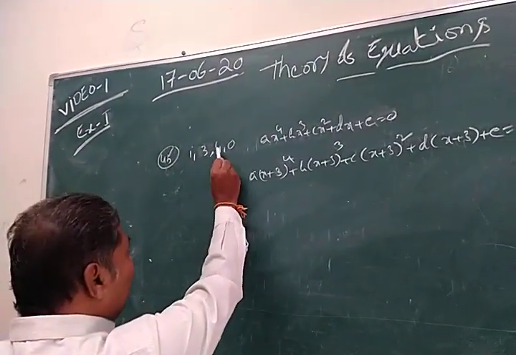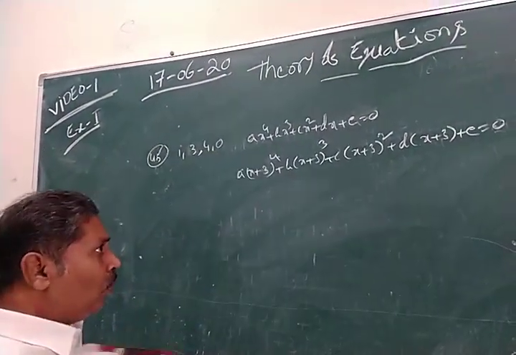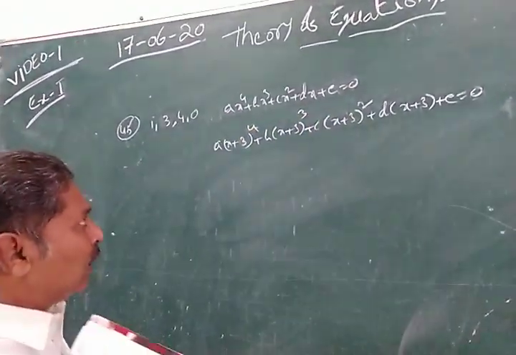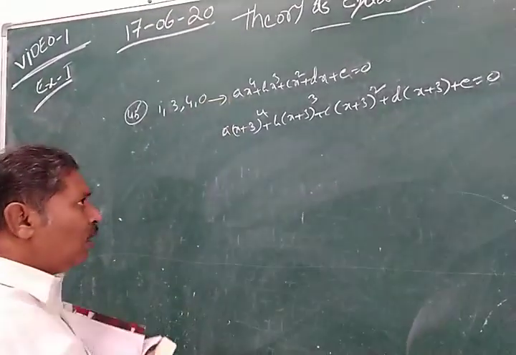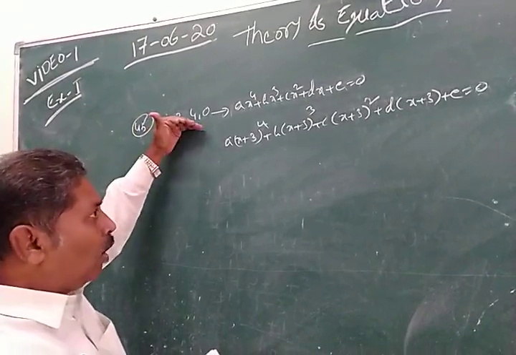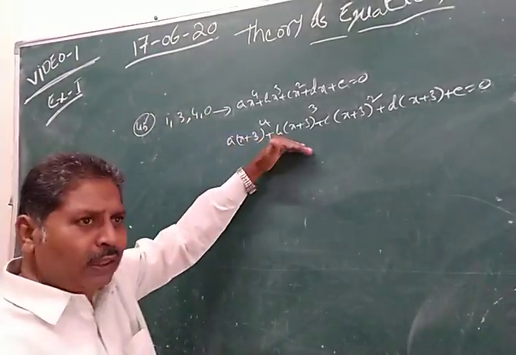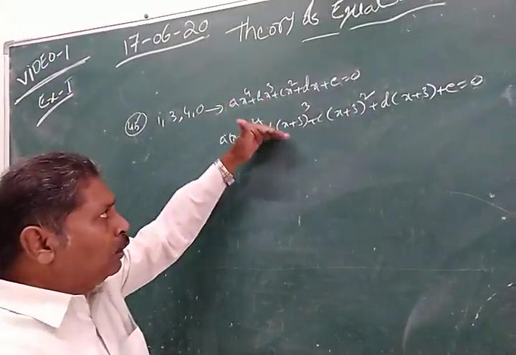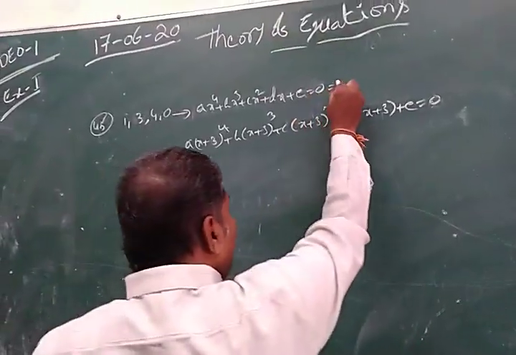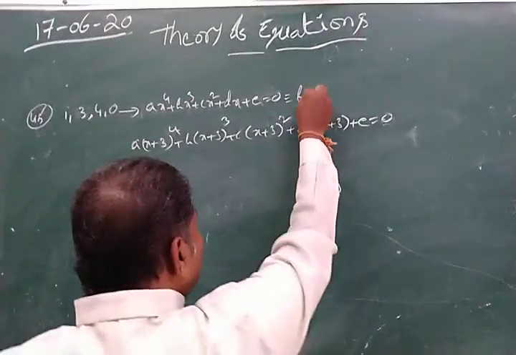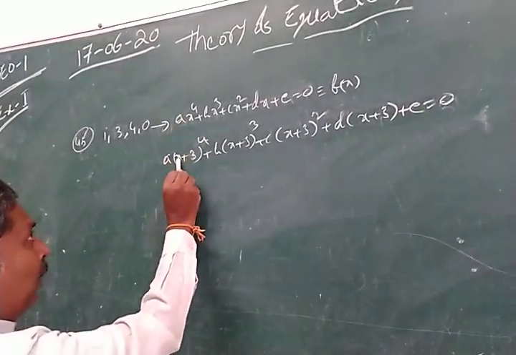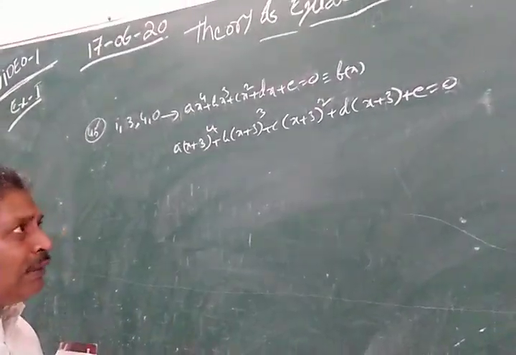1, 3, 4, 0 are the roots of this equation. Then he wants roots of this equation. Observe these two equations. Suppose let it be f of x. Then x is replaced by x plus 3.